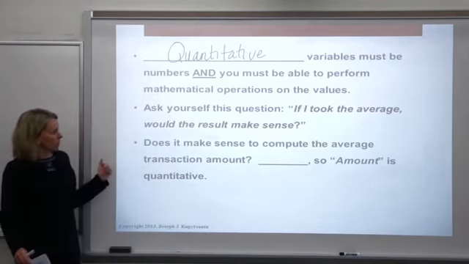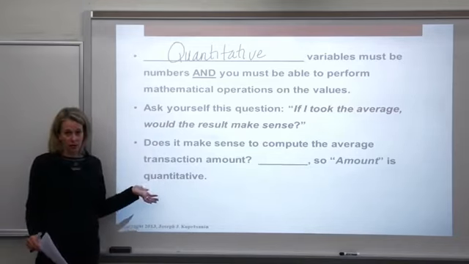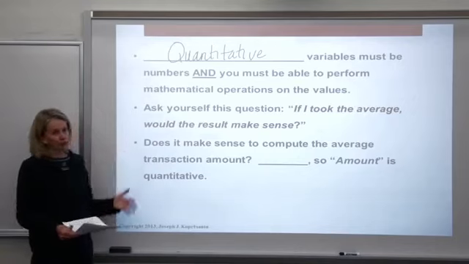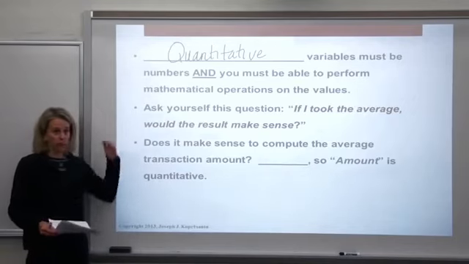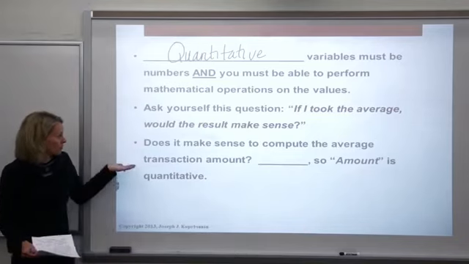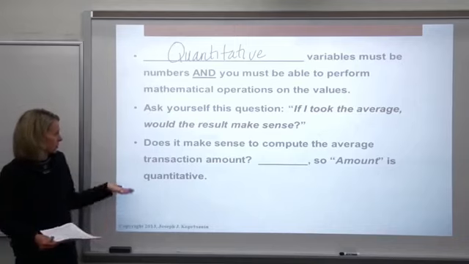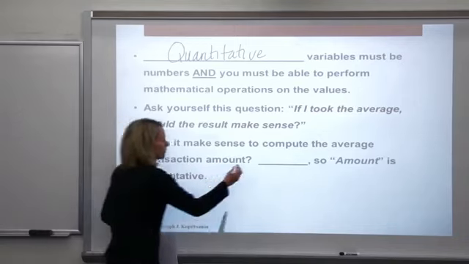So ask yourself this question. If you took the average, would the result make sense? Could we find out what the average amount was that got charged in each of those transactions? So does it make sense to compute the average transaction amount? Certainly does. So amount is quantitative.